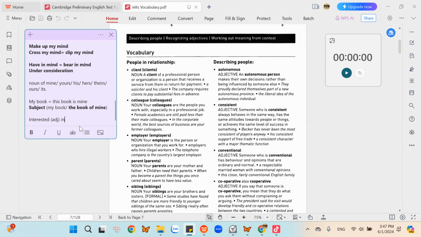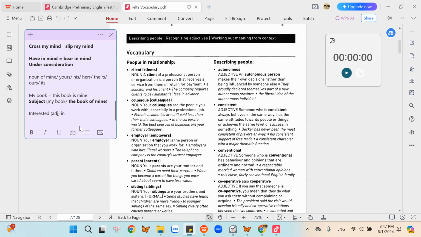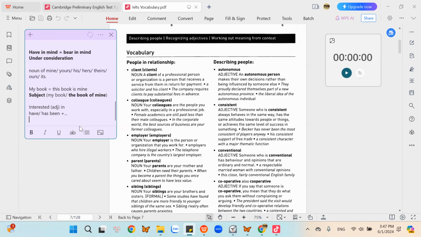If you want to say you feel something from the past till now, and you want to use an adjective, you should use been, because to be with an adjective, have been or has been. This is how you use an adjective. I have been interested in English for 6 years already.